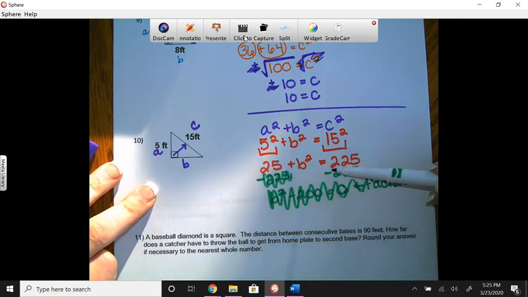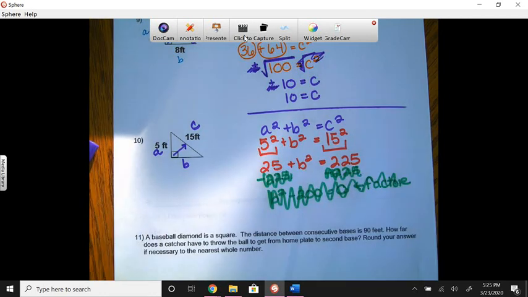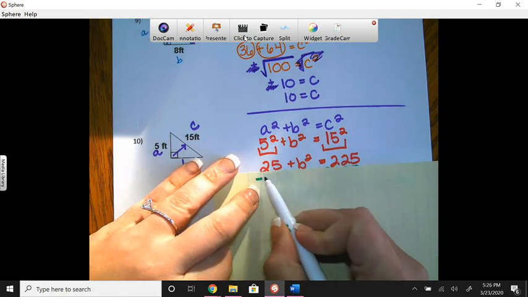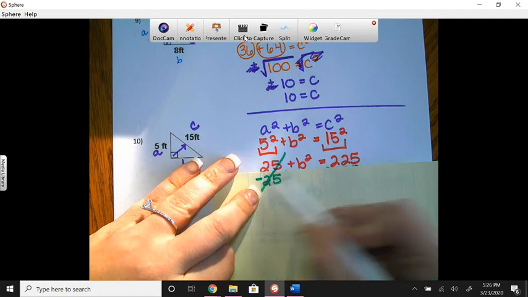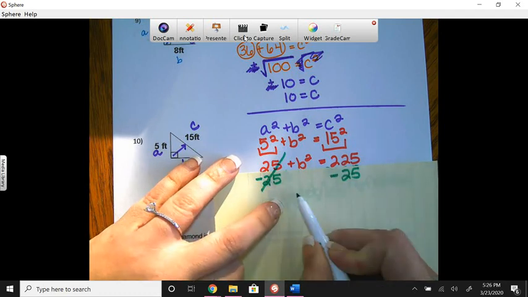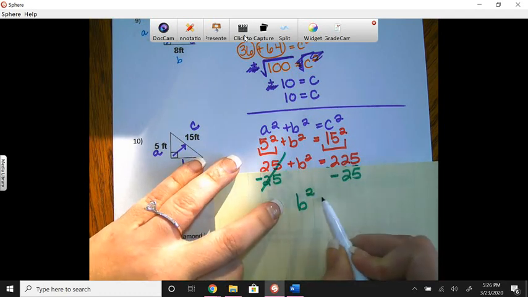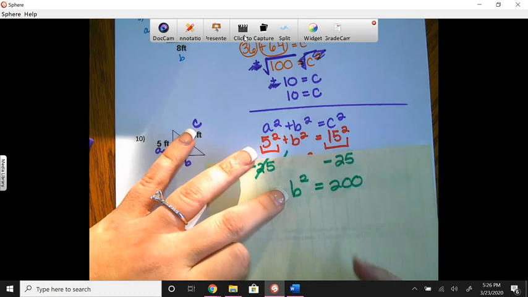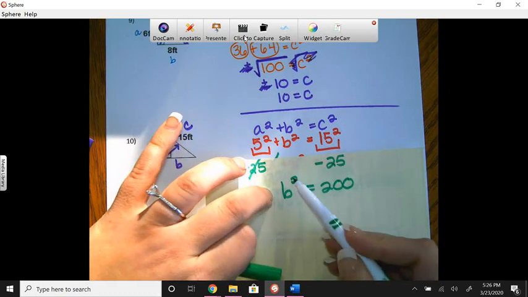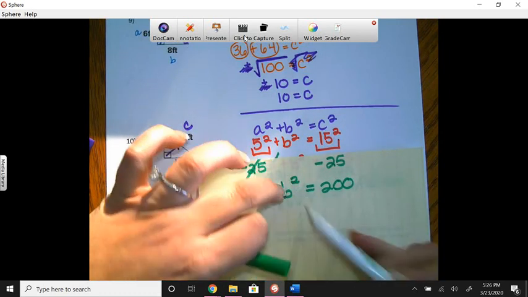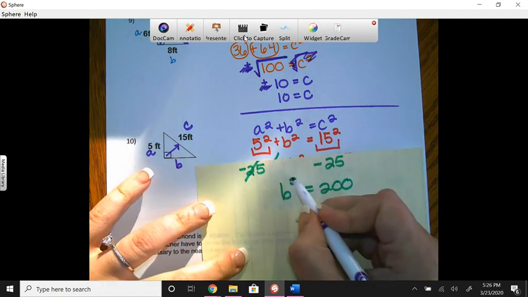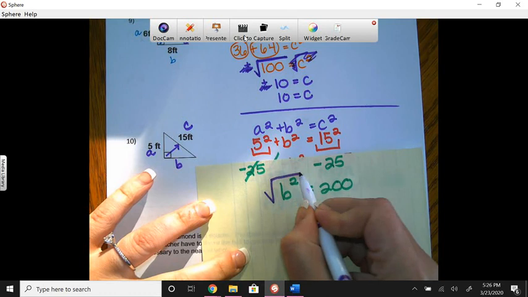However, now that we've learned about radicals, instead, if we can get this by itself, which we could, so if we subtract 25 from both sides, and get the variable and the exponent by itself like this, instead of factoring, if we're able to get the exponent and the variable alone and just a number on this side, then we could get rid of the exponent by square rooting both sides.